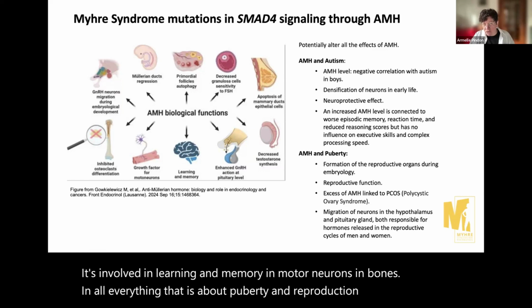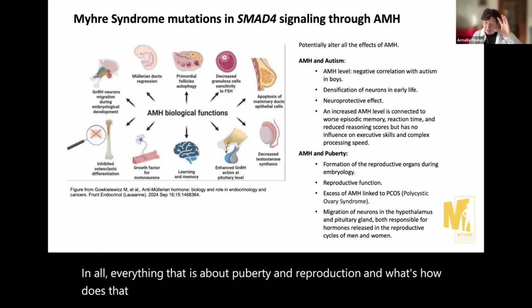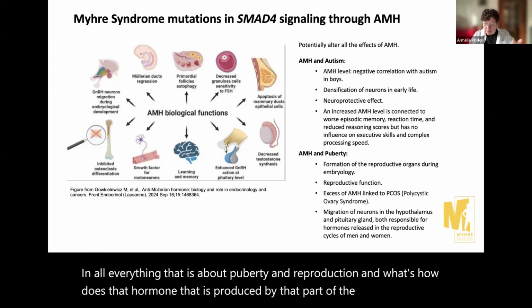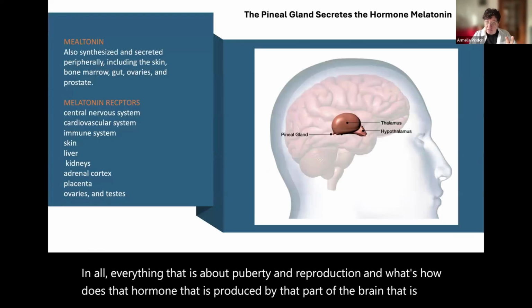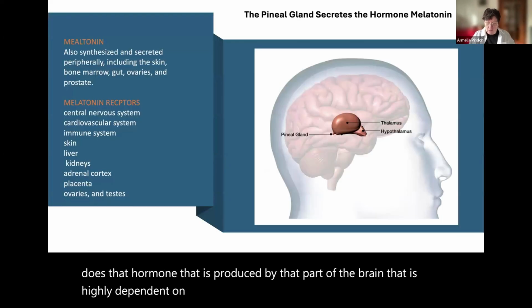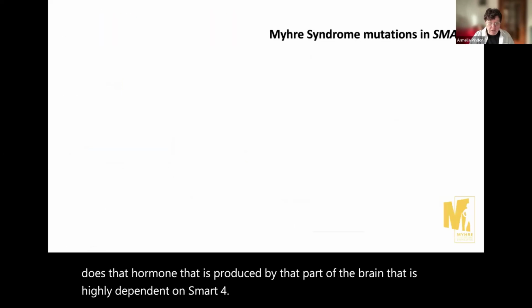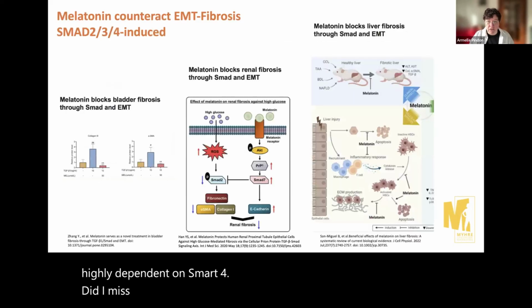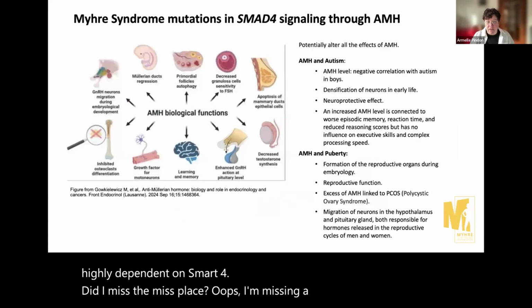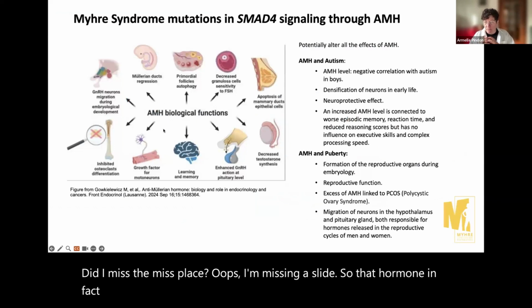And how does that hormone, that is produced by that part of the brain, work? It is highly dependent on SMAD4. So that hormone, in fact, works through SMAD4.